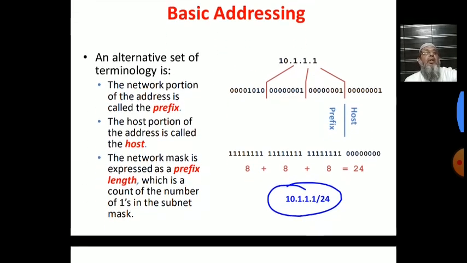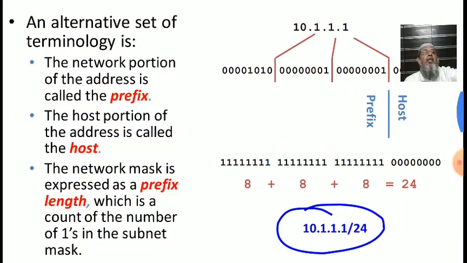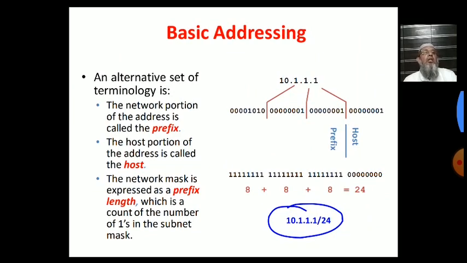That is also represented in terms of this prefix. We can see 10.1.1.1/24. So the first 24 bits are treated as the network address, and that shows this IP address has the first 24 bits as the network address.